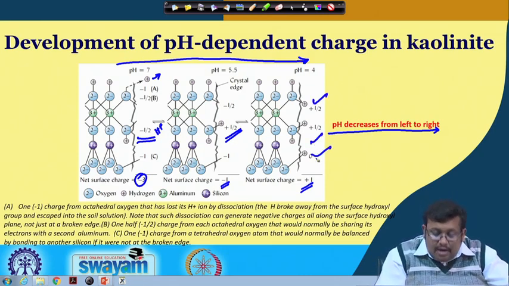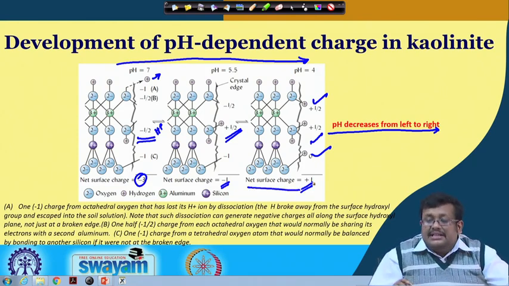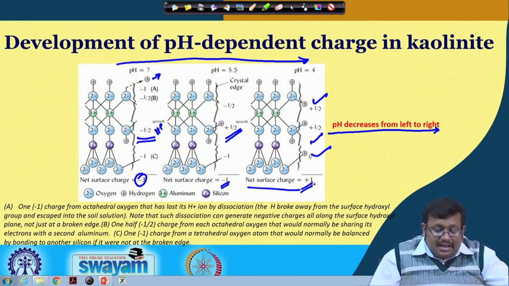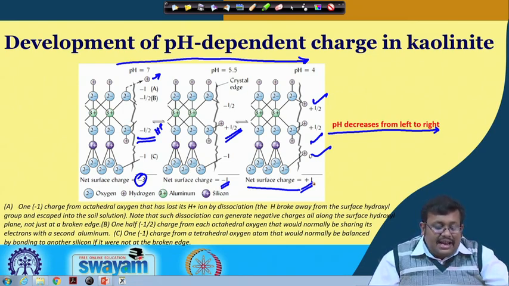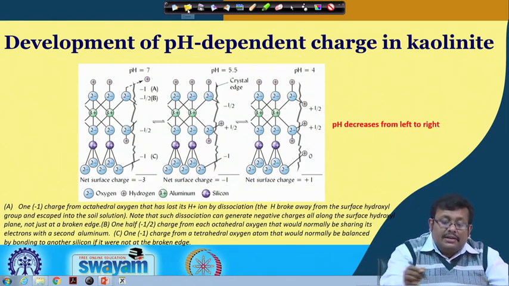So, with the decrease of the pH, the net surface charge is getting positive from -3 to +1, and you can see how these protons are getting attached to these hydroxyl groups which are present at the edges or broken edges. Okay. So, I hope it is now clear to you.